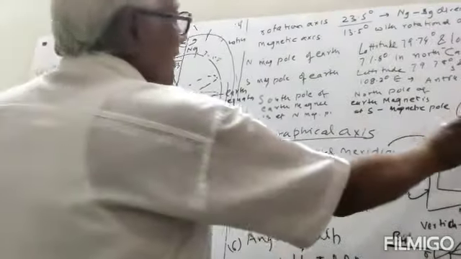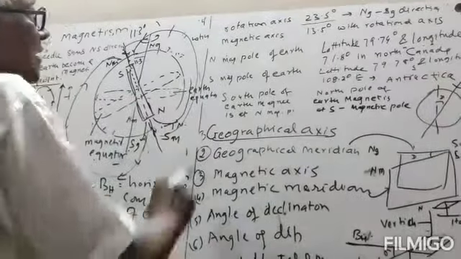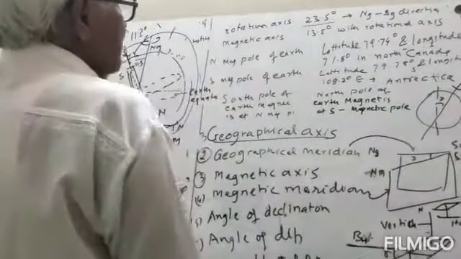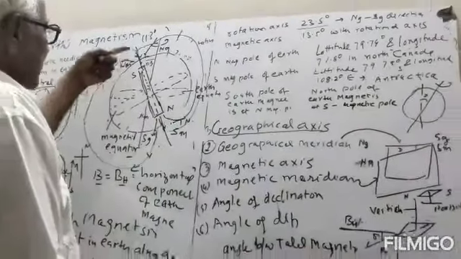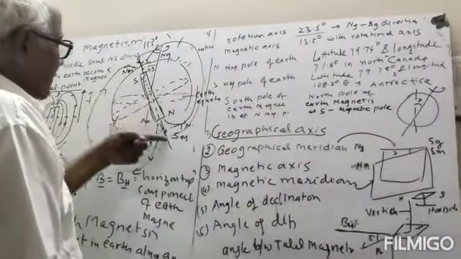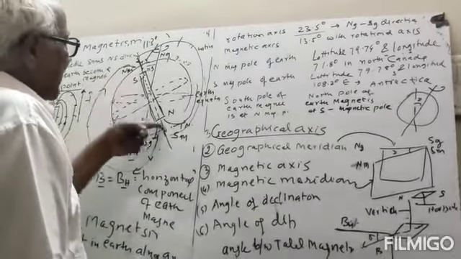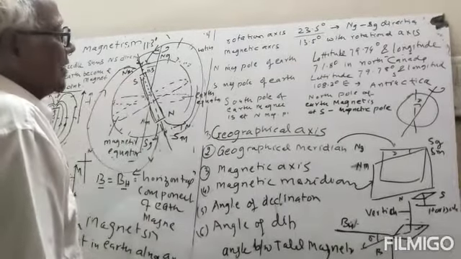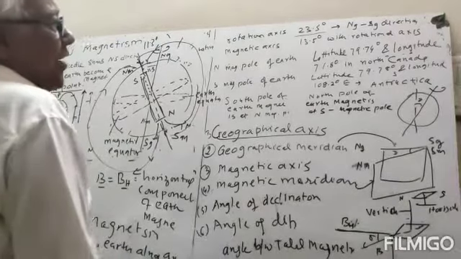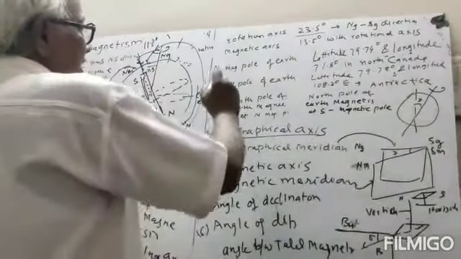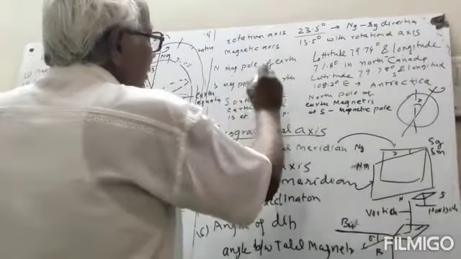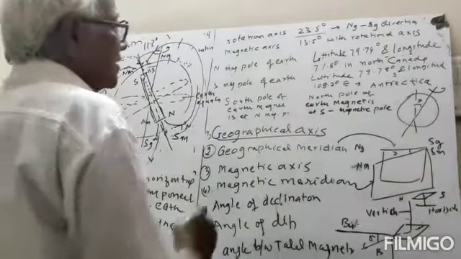For simplicity, I have shown it like this. Now, the magnetic axis is the axis which is passing through the north and south of the magnet, and the magnetic axis is inclined by 11.3 degrees with the rotational axis. The magnetic poles of the earth.